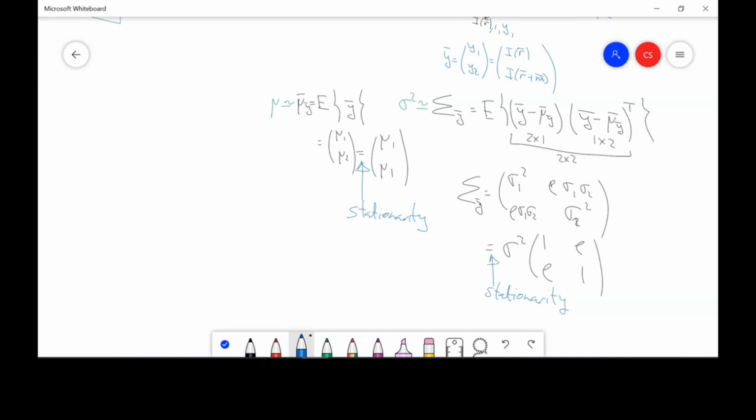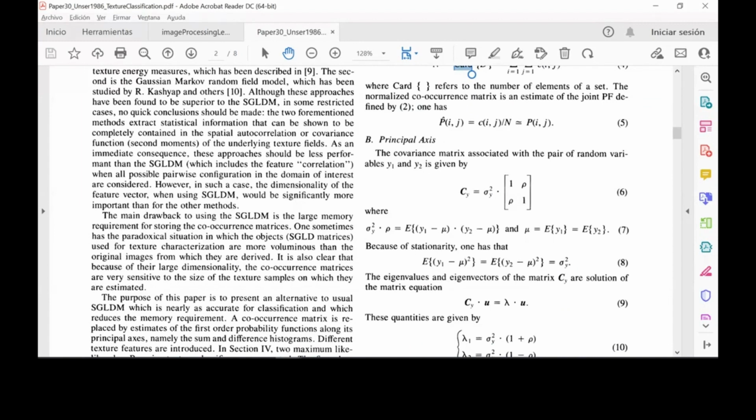If they are not stationary, this step is not true. But if it is true, it has this structure, and that is what we have in the paper. There is a single mu for both.